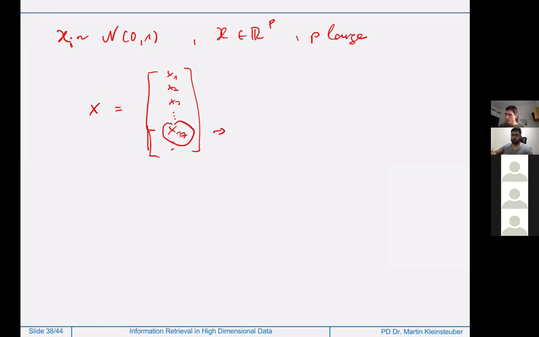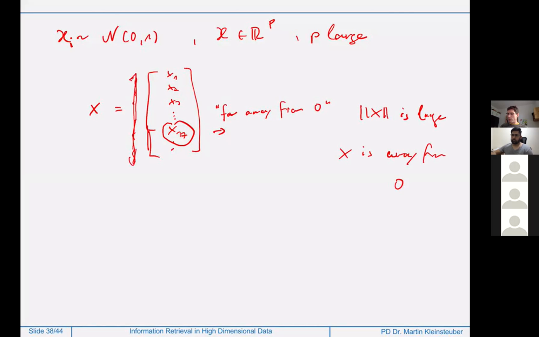If this is far away from 0, that means that the whole norm of x is large, and that the whole x is away from 0, right?